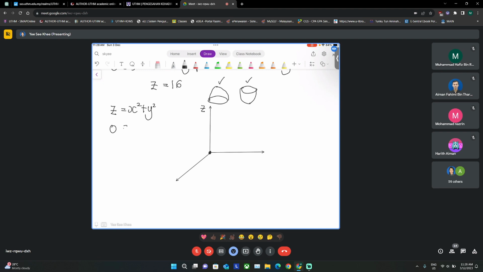When you replace z with 0, basically you will see it is 0, meaning the circle has a radius of 0, so it's a point. So your paraboloid will be in this shape, not this one. Now you can roughly sketch your paraboloid, in red color. Just continue.